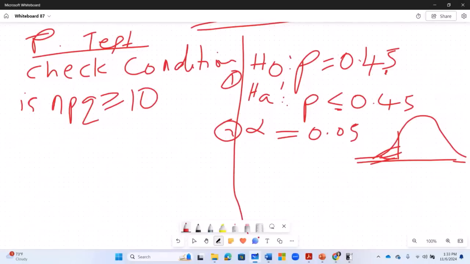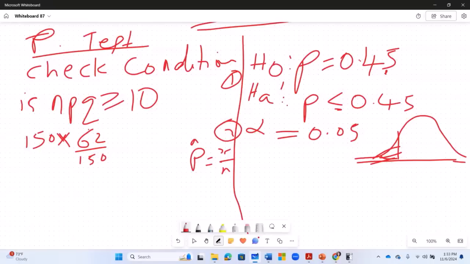All right, so the N given to me is 150. 150 multiplied by, what is my P? Everybody must know that the value of P hat is always X over N. So X given to me here is 62 over 150.